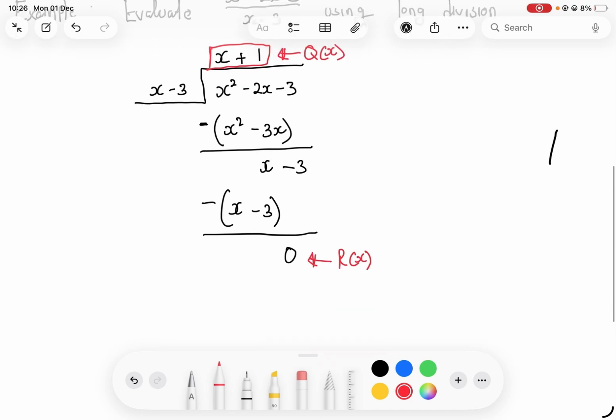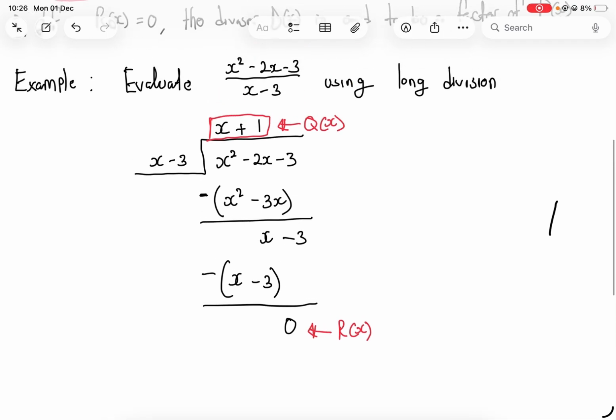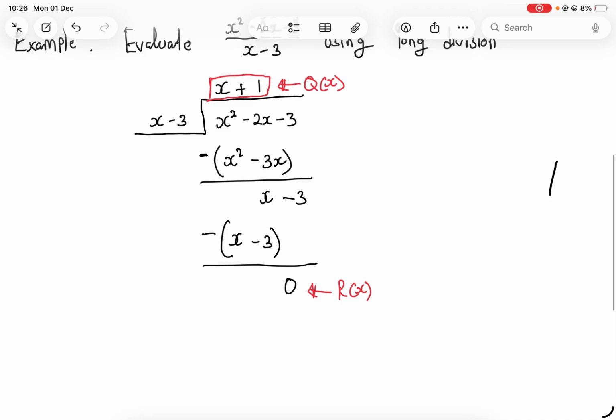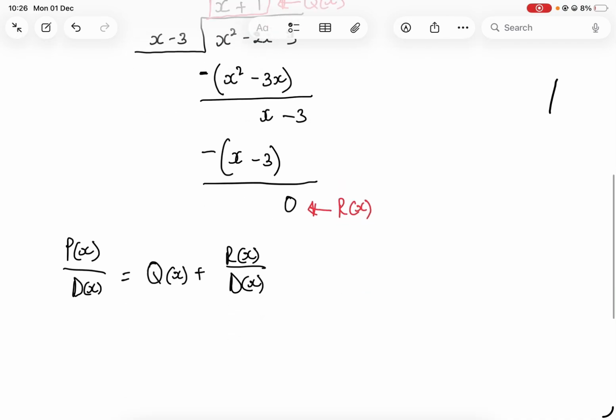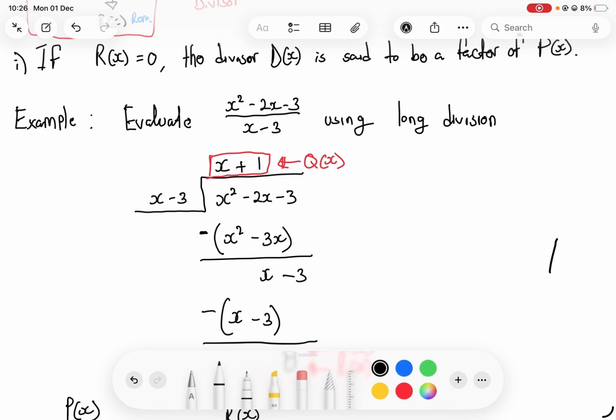And what does my formula say for evaluating using long division? It says p of x over d of x is equal to q of x plus r of x over d of x. Which means my p of x initially was x squared minus 2x minus 3. My d of x was x minus 3.